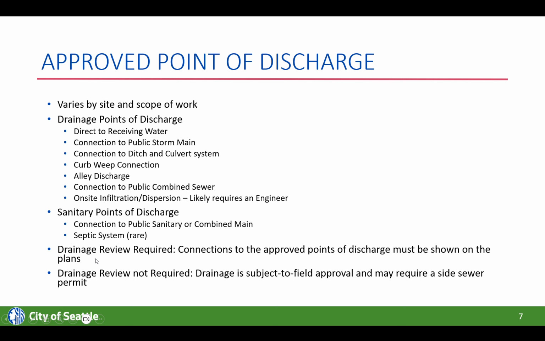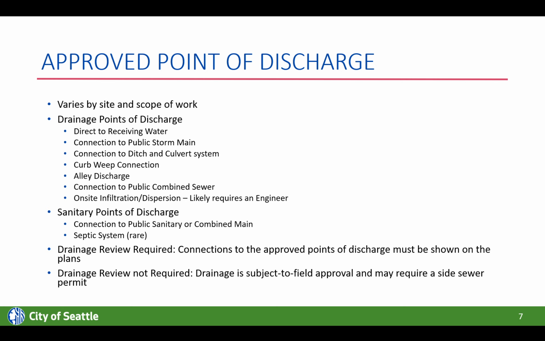When drainage review is required, we'll need to see the connections to those approved points of discharge. And when drainage review is not required, drainage and any potential sanitary connections are subject to field approval.